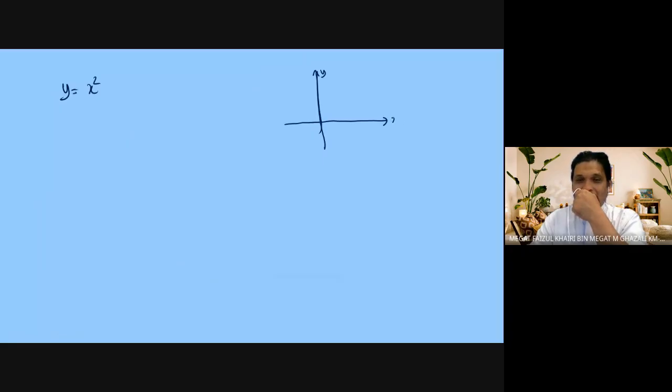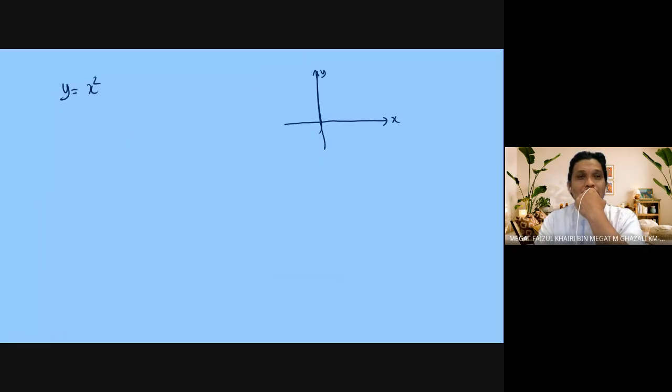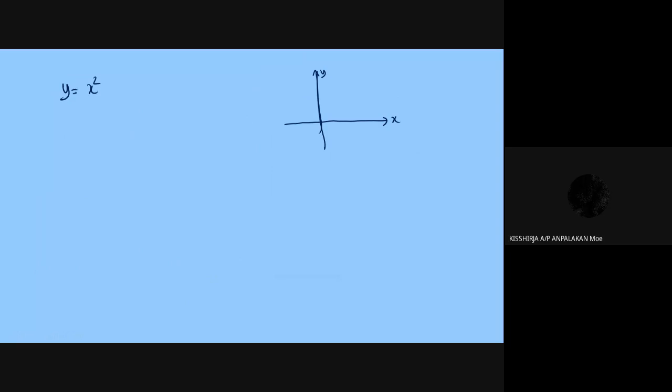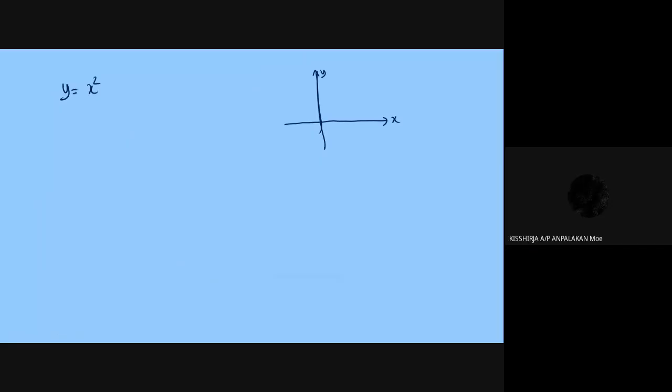Another example: if I have y equal to x squared, can you please guide me, how is the shape of the graph of y equal to x squared? It is x squared, classified as quadratic.